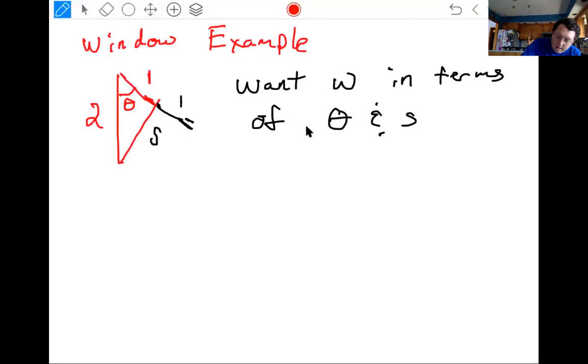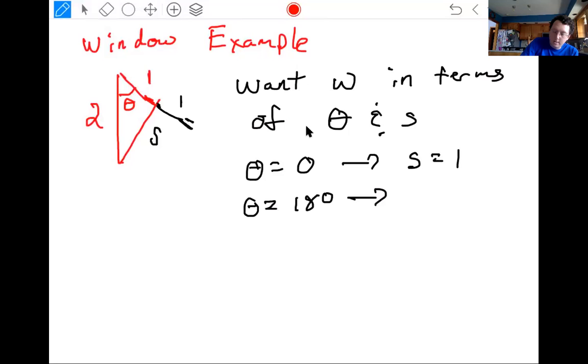So I know that when theta equals 0, that should correspond to S equals 1. Similarly, when theta equals 180 degrees, so when the window is wide open, vertical, flush against the wall above the window, then S should equal 2 plus 1, or 3. So when theta equals 180, that's going to give me S equals 3 meters.